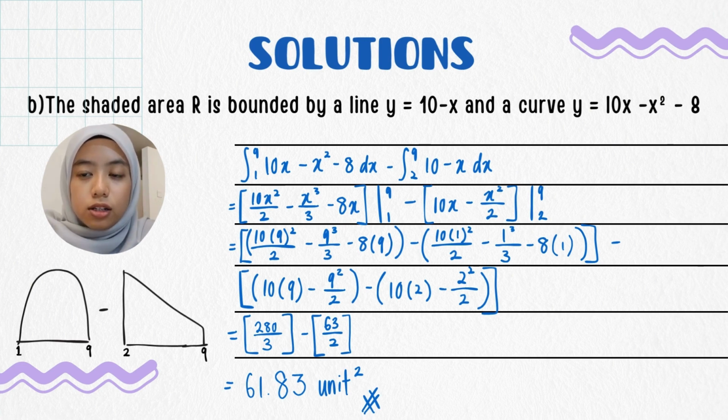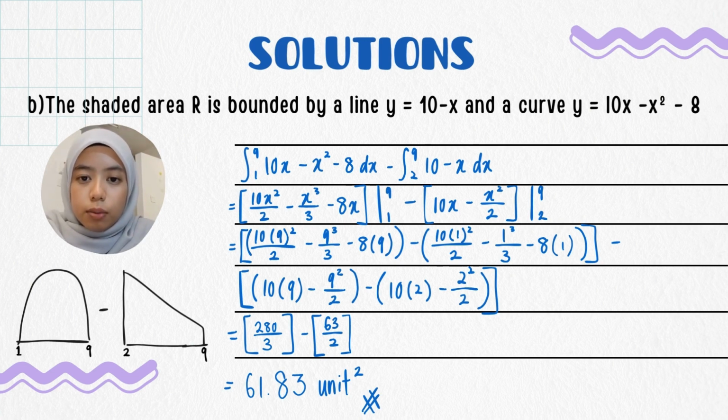So brackets 10x squared over 2 minus x to the power of 3 over 3 minus 8x close bracket from 9 to 1. Then for the second part, we minus it and we'll get 10x minus x squared over 2 from 9 to 2.